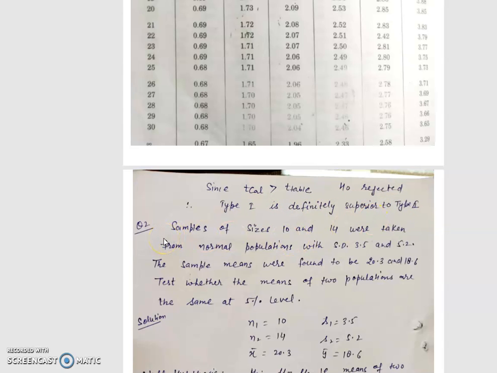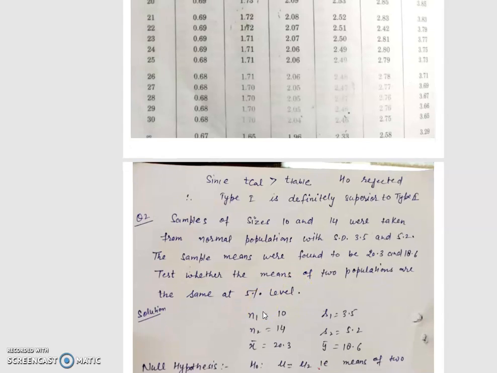Now this is the second example. Samples of sizes 10 and 14 were taken from the normal population with standard deviation 3.5 and 5.2. The sample means were found to be 20.3 and 18.6. Test whether the means of the two populations are the same at 5% level.